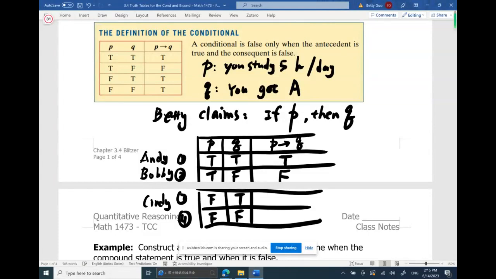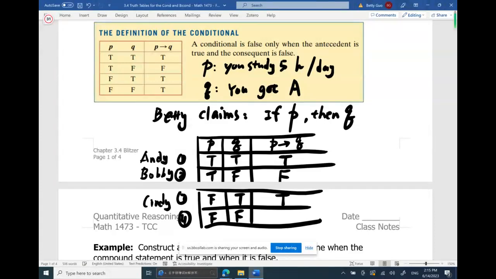Case 3 is about Cindy. Cindy did not study 5 hours every day. P is false, but Q is true. So in Cindy's case, she did not study 5 hours every day, but she got an A by the end of the semester. What do you think about the claim I made at the beginning of the semester? That would still make my claim true, right? Because nothing is wrong with my claim logically.